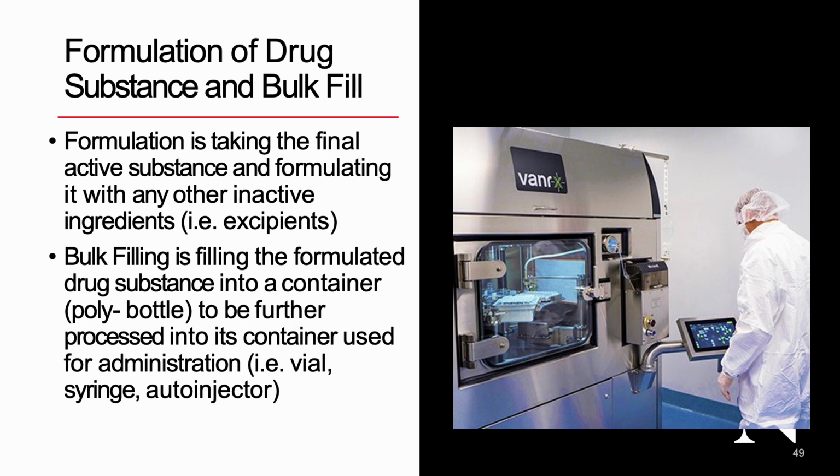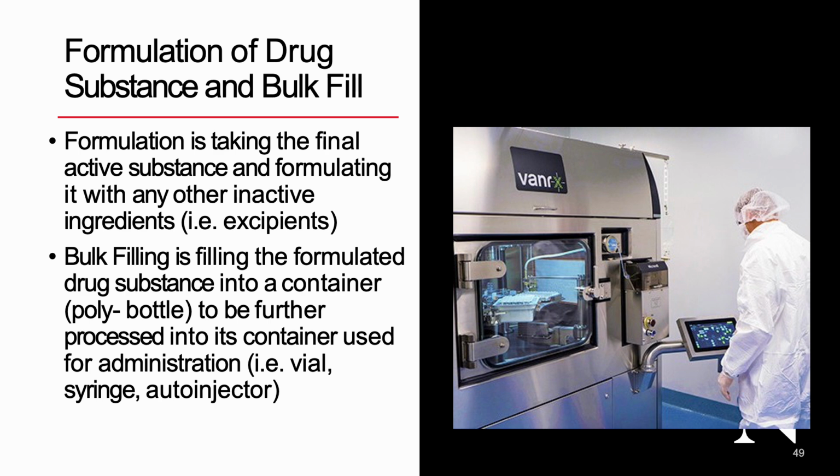Here we can talk about the formulation of drug substance and bulk fill, which is the last process in the manufacturing process. So formulation is taking the final active substance and formulating it with any other inactive ingredients such as excipients. So bulk filling is filling the formulated drug substance into a container.